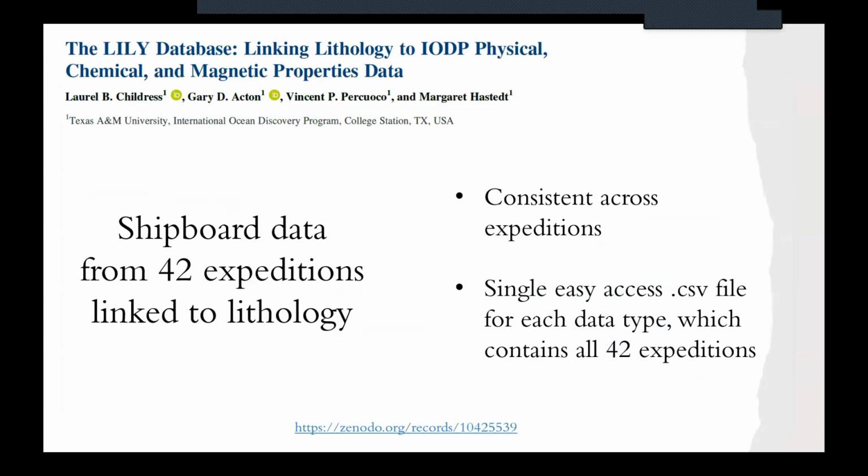And what it does is it takes all of the shipboard data from 42 expeditions, it spans 10 years, and adds the lithology. If you were to think of a spreadsheet, just adds a column that gives you the lithology. So you can look at the data in the context of knowing what type of material you're actually looking at.